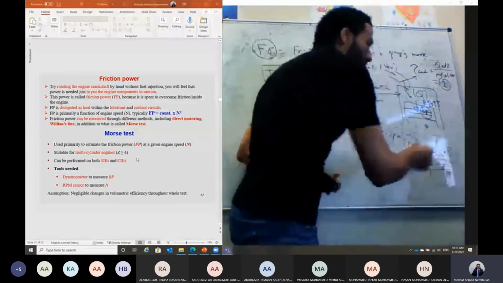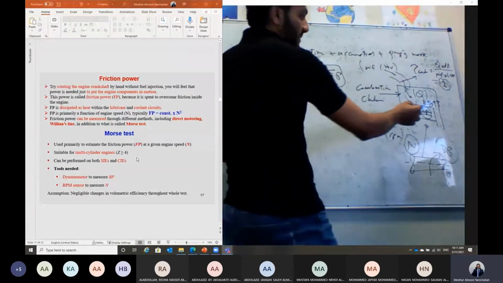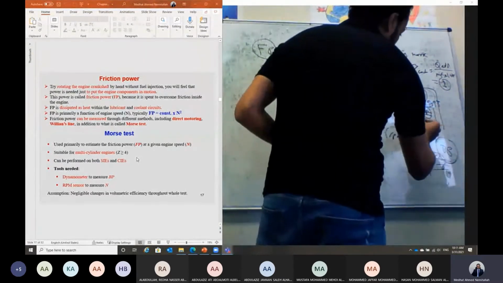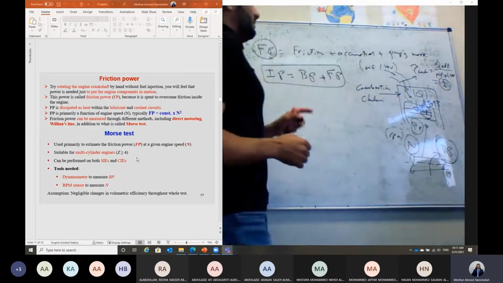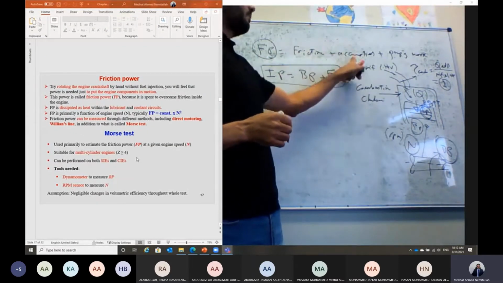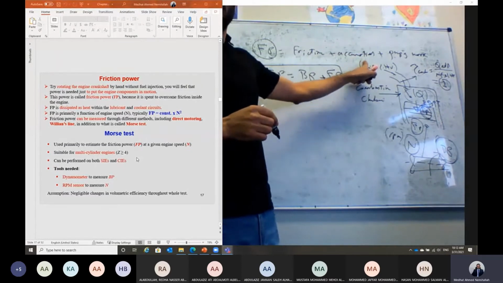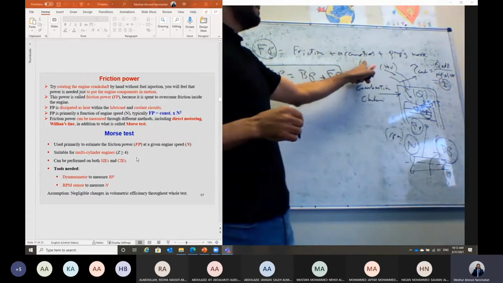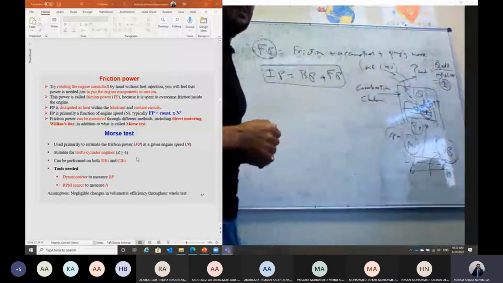The difference between the indicated power here and the brake power is the friction loss power. And we said the friction loss power is the rubbing friction losses plus all of the power required to run all of the accessories of the engine, plus the pumping work of the piston during the intake and the exhaust stroke.